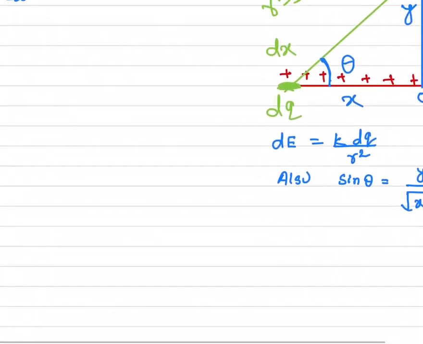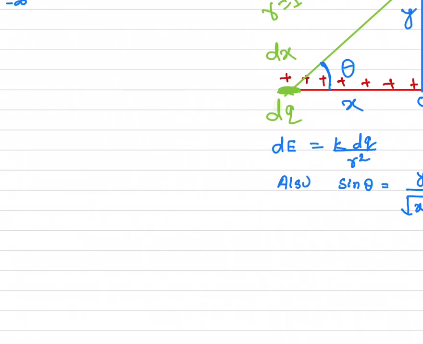Okay, and also I'm just making all the notes here. So the dQ, how much is the charge onto this tiny charge here? The dQ can be given by lambda times dx. Why lambda times dx? Because lambda is the charge per unit length, how much charge you have in a unit length.